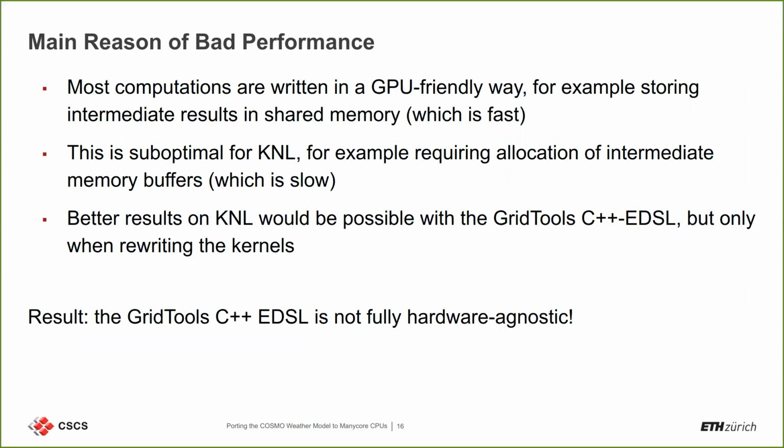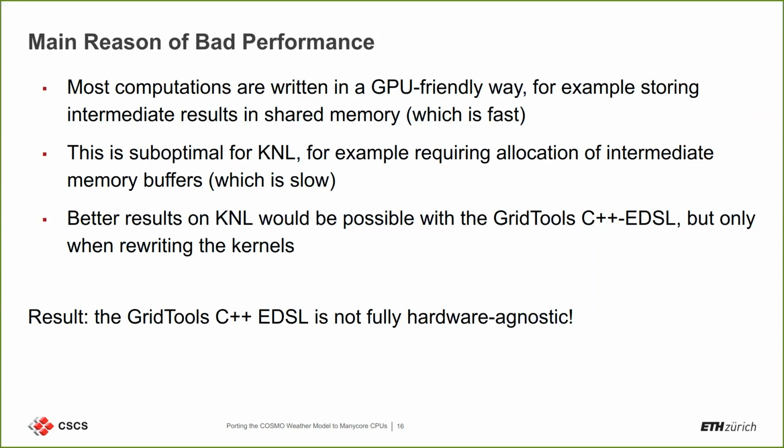So probably we could have achieved better results on the KNL using GridTools, but this would have meant that we had to rewrite the kernels, the COSMO user code, because this was implemented in a GPU-optimal way, but not in a KNL-optimal way.